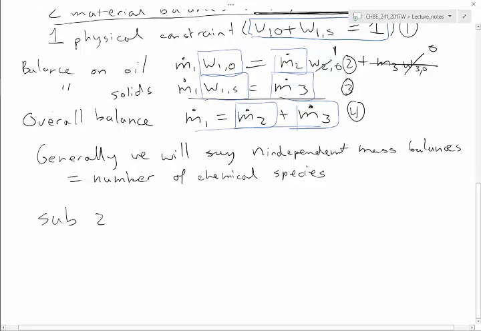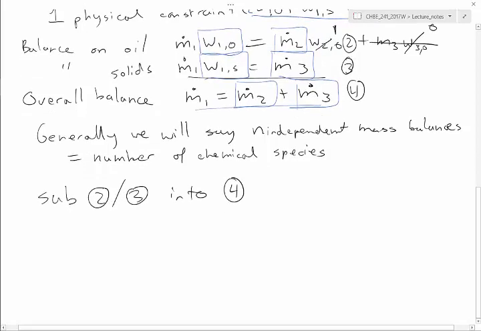So if I sub number 2 into 4, and 3 into 4, what I'll get is that M1 is equal to M1 times W1 oil plus M1 W1 solids, right?